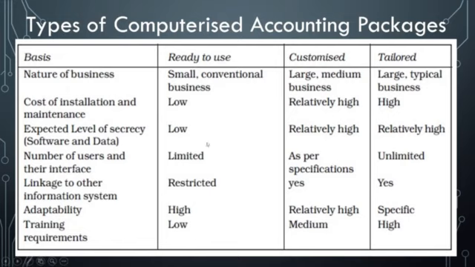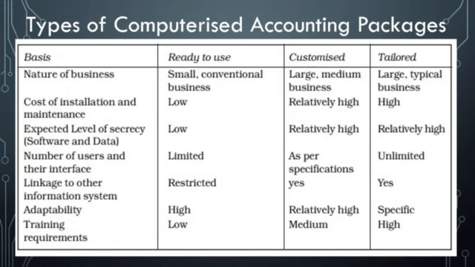Those are basically used for medium and large businesses, for example, shopping malls or hospitals. And the third one is tailored accounting software. Those are used by geographically scattered companies, for example, MNCs or communication industries. Now, these three are the categories of accounting packages.